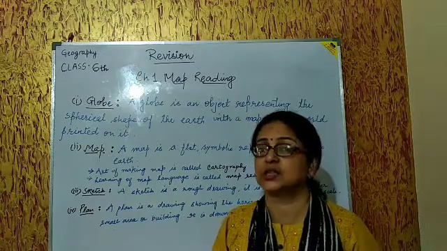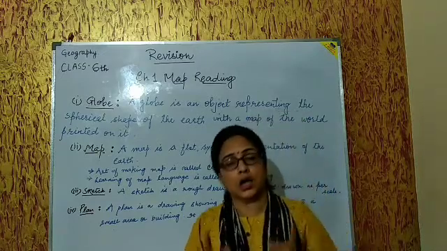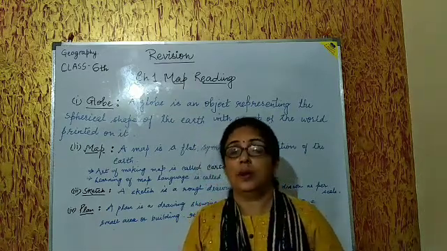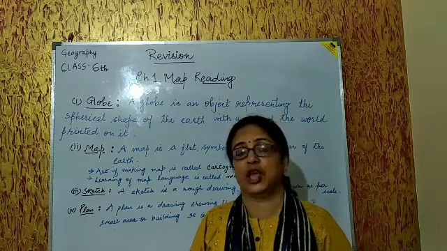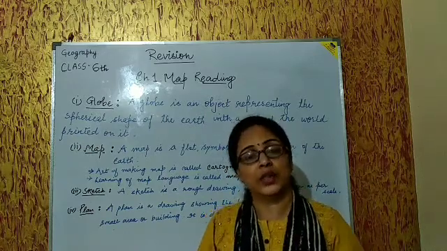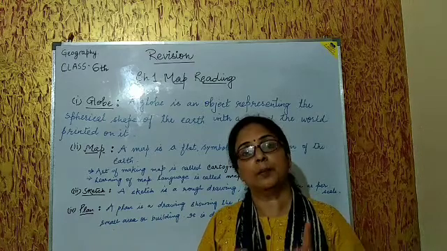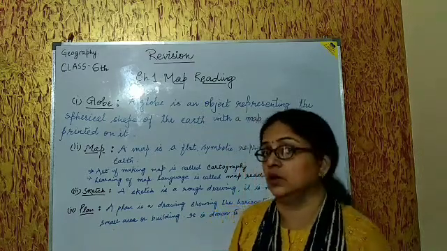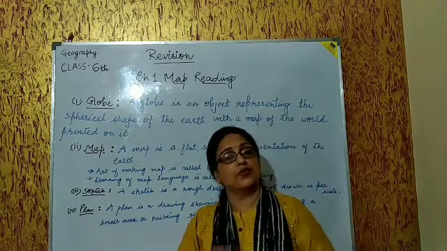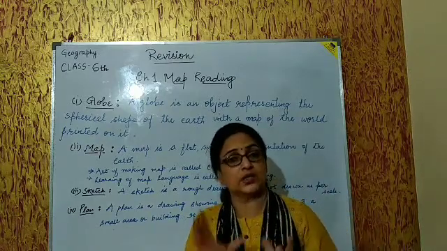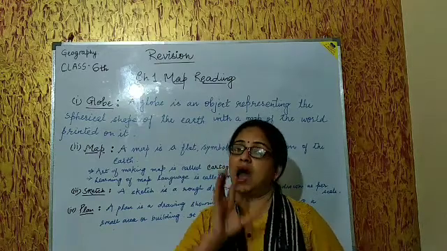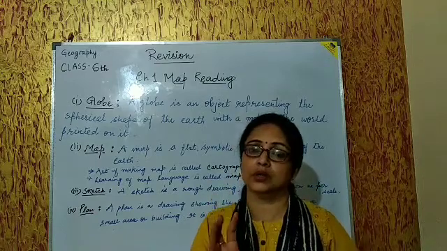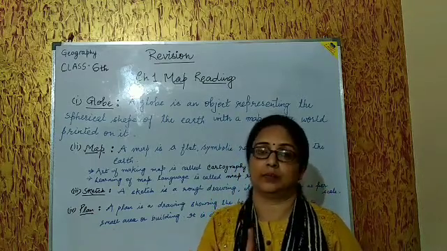Try to learn the definition: a globe is an object representing the spherical shape of the earth with a map of the world printed on it. It is fixed on a stand which can be rotated, and we can see any part of the earth at one time.